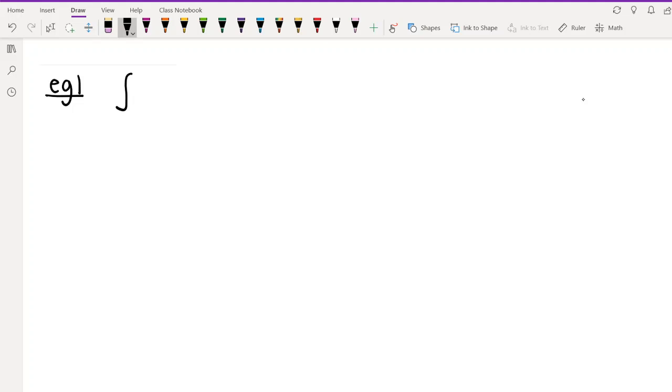So let's say you wanted to integrate sine squared of x times cosine of x dx. I think this even might have been on your first midterm, or at least something similar to this was. So what do we do here?